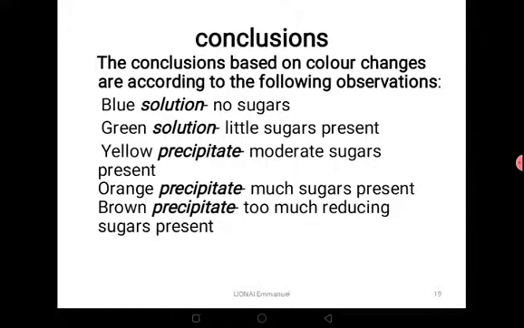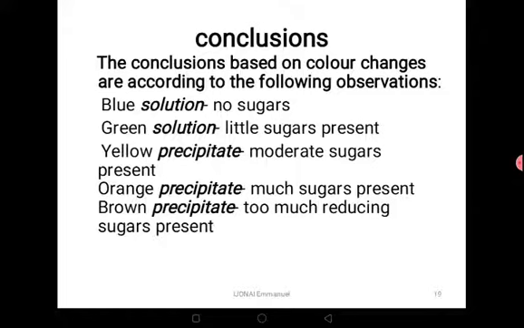So what are the conclusions now? The conclusions are based on the color changes according to the following observations. If the solution remains blue after boiling, it means no reducing sugars are present. If the solution turns from blue to green and remains there, it means little reducing sugars are present. If it turned from blue to green to yellow precipitate, it means moderate reducing sugars are present.